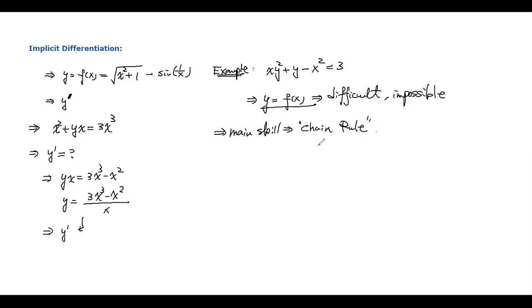Okay, so what is the chain rule? Because I know y is a function of x, I just cannot write it out. So every time I take the derivative of y, I need to write y prime.